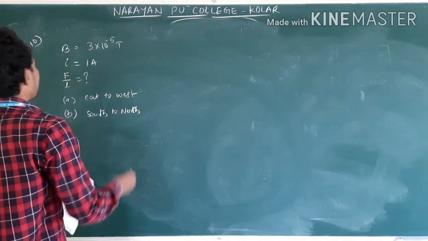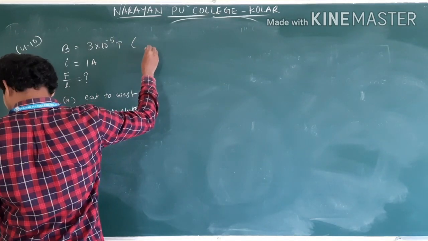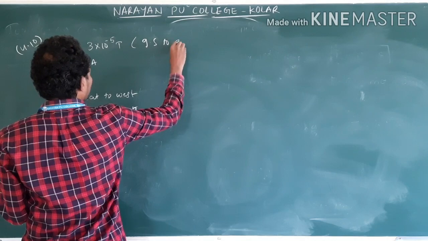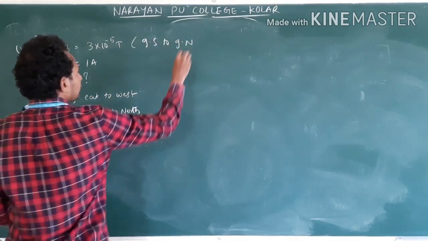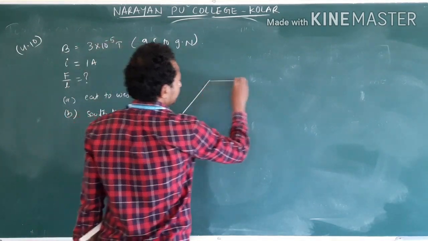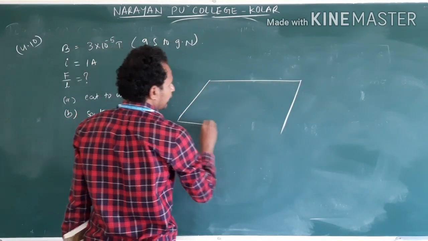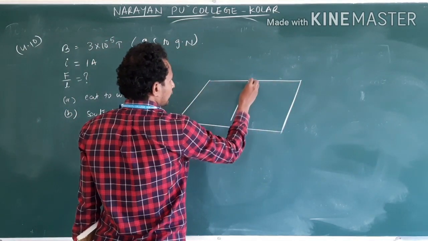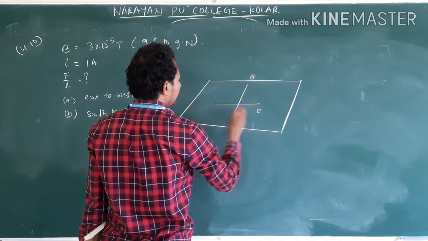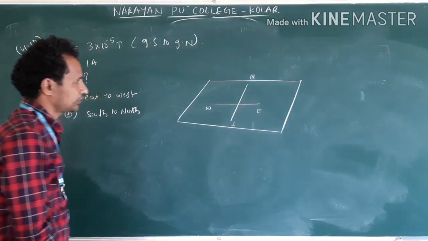Now, what is this direction? It is acting from geographic south to geographic north. Clear? Let us take this plane. This is north and south, east and west.